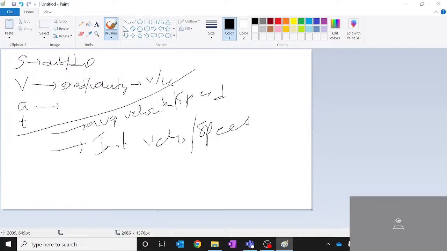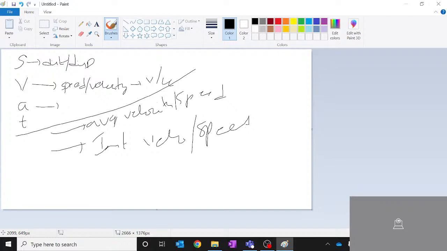Now there are different scenarios, and a couple of them we have discussed in terms of different concepts like train cases, speedboat cases, average velocities, etc.